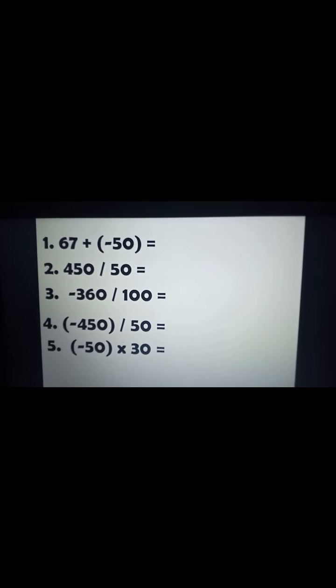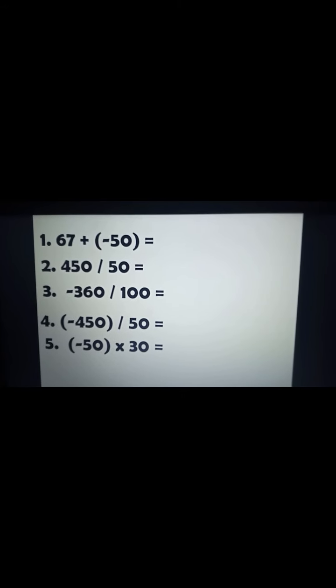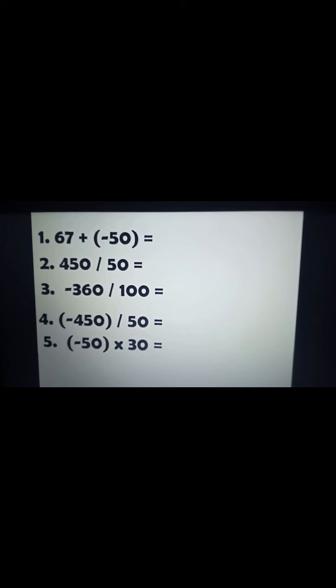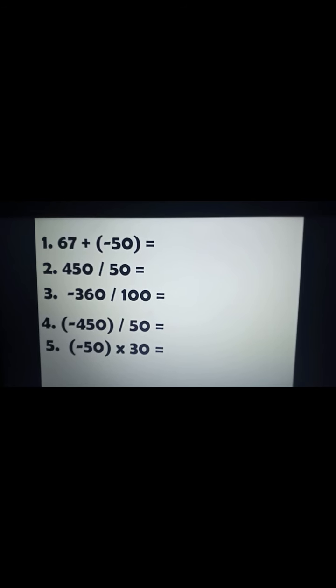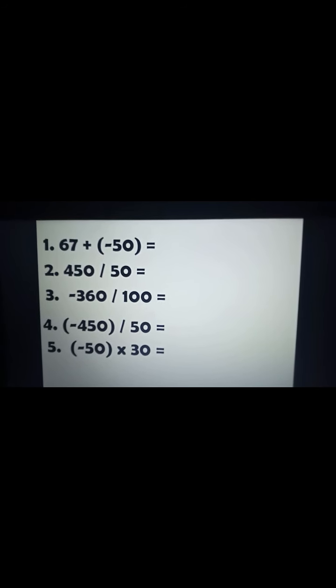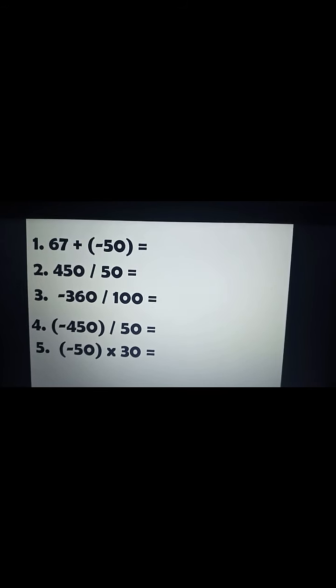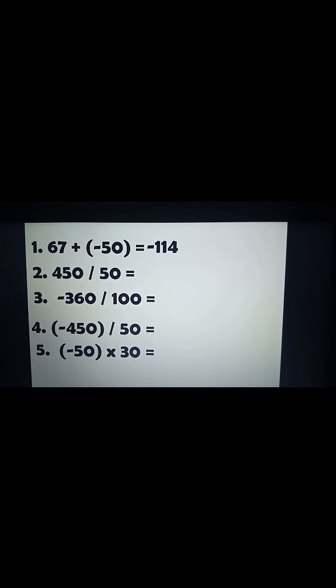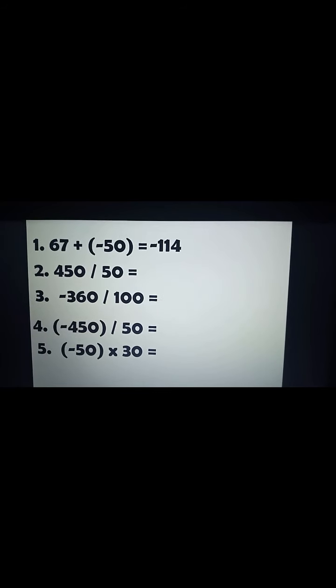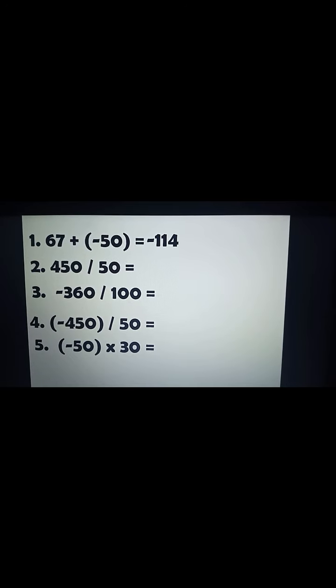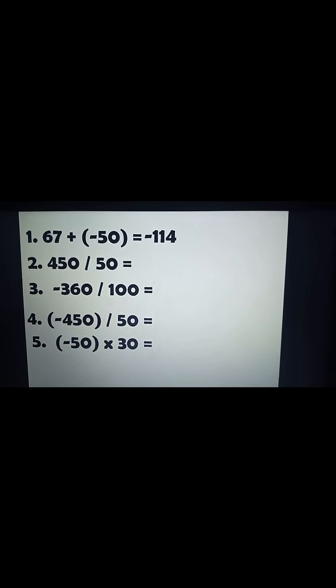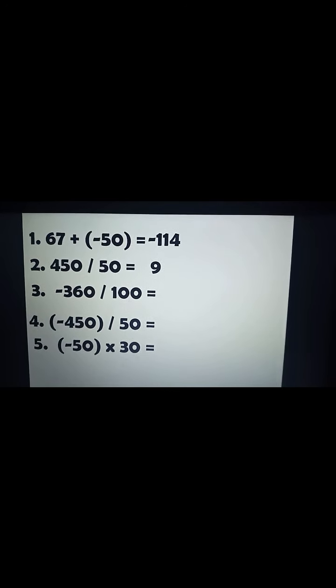We are almost done solving the 5 problems. Now I will put here the final answers from problem number 1 to problem number 5. Negative 67 plus negative 50 is equal to negative 117. This is the final answer. Number 2, 450 divided by 50, the final answer is positive 9.